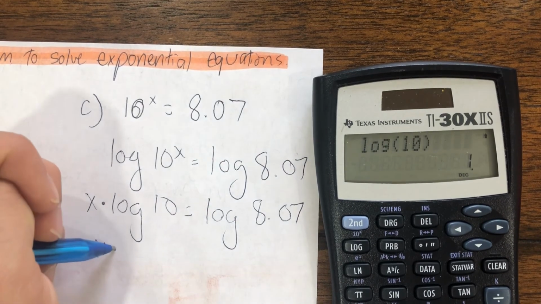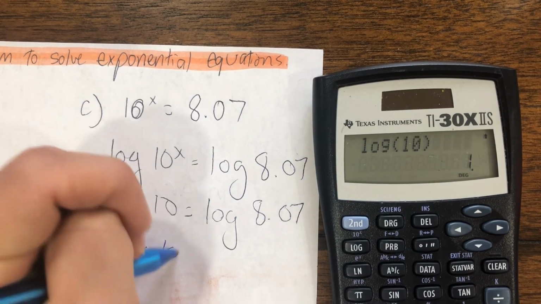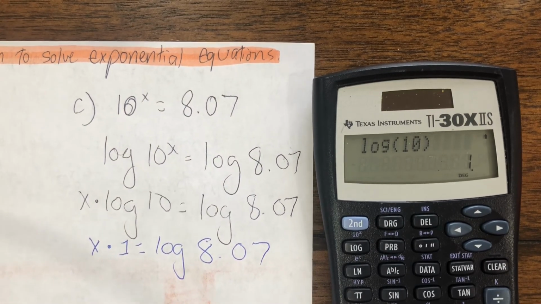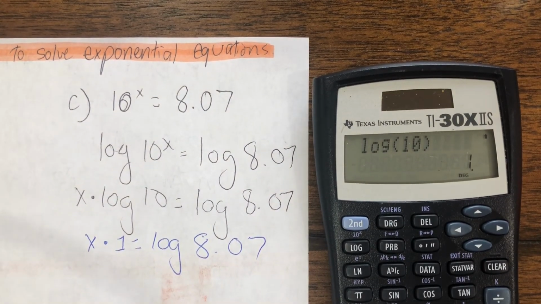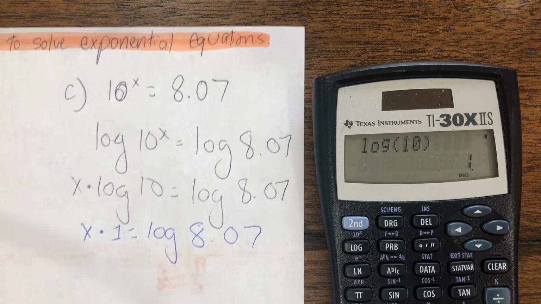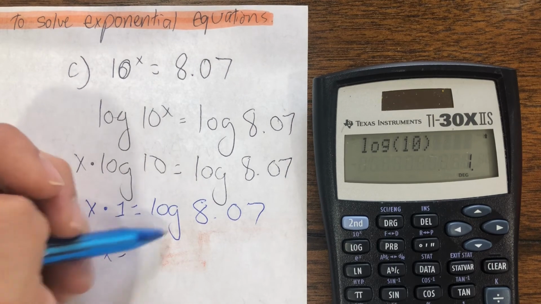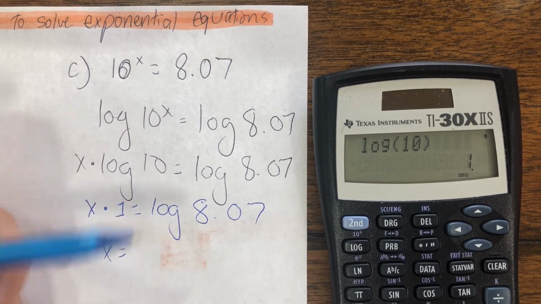So I have x times 1 equals log of 8.07. And if I multiply x by 1, I still get x. So then x is going to equal whatever log of 8.07 is.